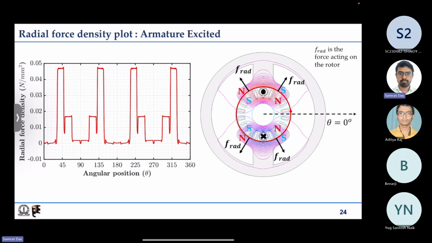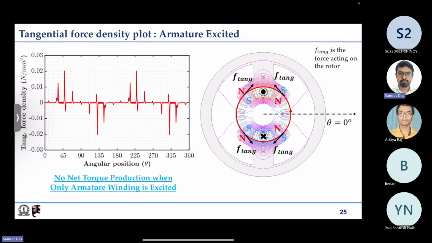Because it's north and south, the rotor will always experience force in the outward direction, as it gets attracted by the nearby south pole, as indicated here. The stator has a south pole, the rotor has a north pole, so the rotor north pole will get attracted by the stator south pole here. This is how the radial force density will vary, and the tangential force density, if you simply multiply point by point, you will get this tangential force density.